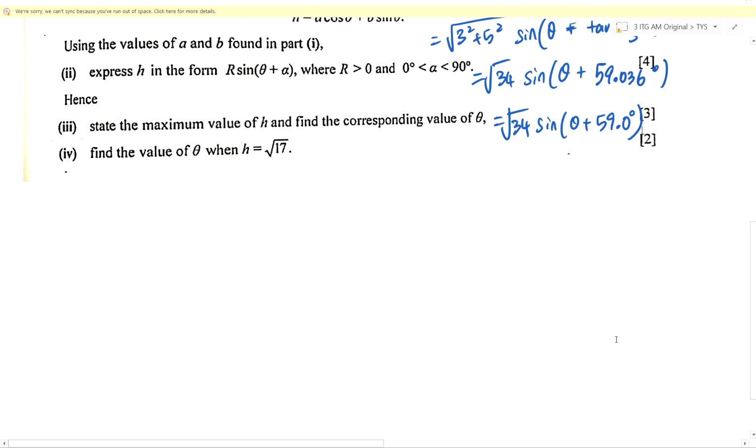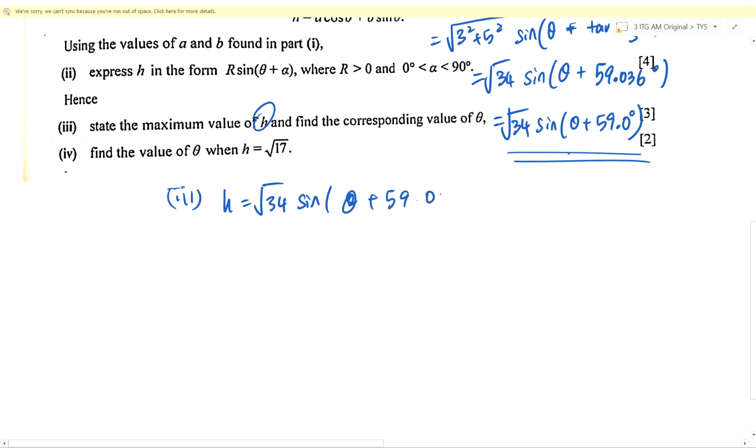Part 2 is done already. Part 3: state the maximum value of H. H, we already have in another format. H equals root 34 sine of theta plus 59.036.